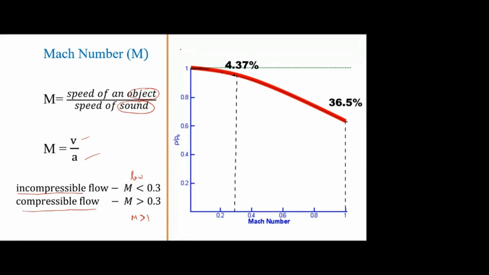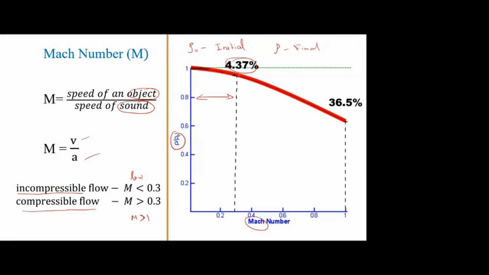The decision is made based on this experimental graph. The graph is drawn between density ratio and the Mach number. Here rho naught is the initial density and rho is the final density, so this shows the ratio of initial and final density. They found that up to a certain Mach number, the variation between final and initial is just 5%.